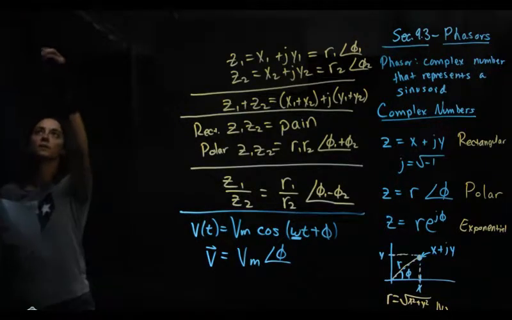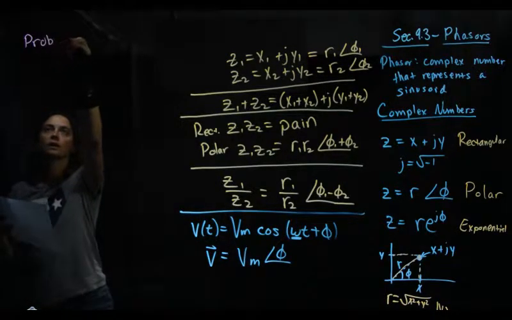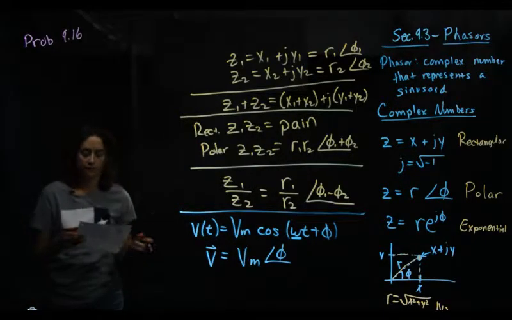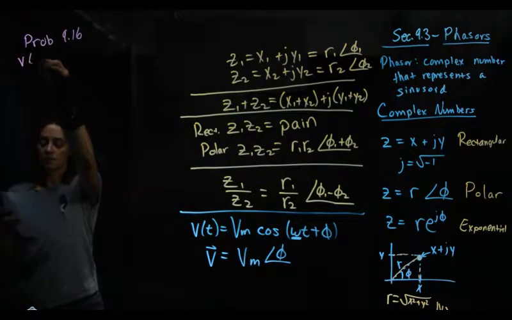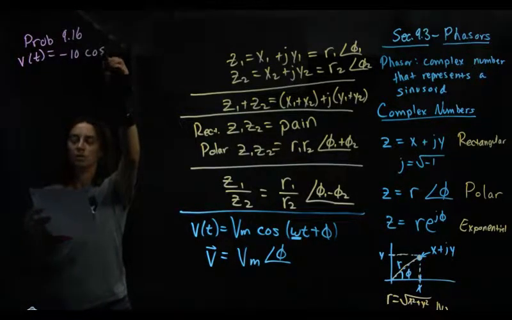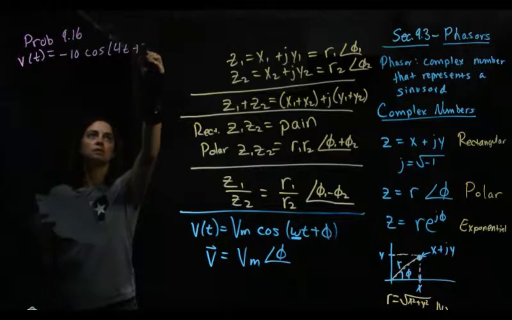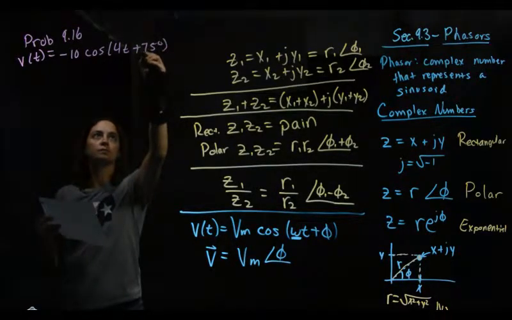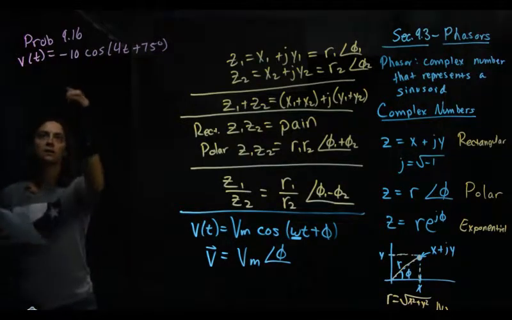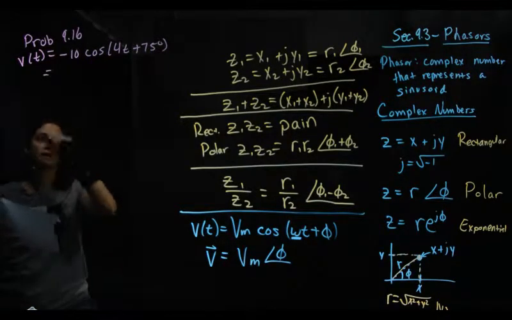So this is problem 9.16, and we're asked just to transform to phasors. We're given v of t equals minus 10 cosine 4t plus 75 degrees. Well, I have a minus sign in there. I want that to be a plus, so I'm going to shift this by 180.